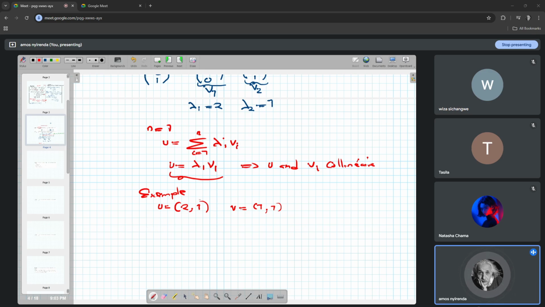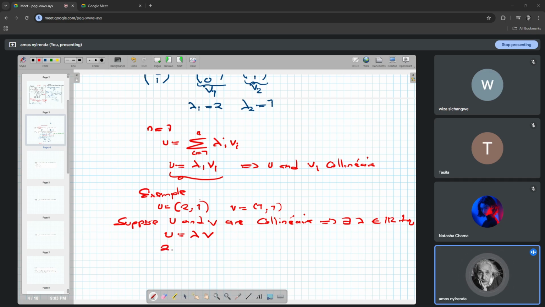If the vectors u and v are collinear, so let's suppose that u and v are collinear. Well, if u and v are collinear, it means we can find some lambda, in this case let's say in the real numbers, such that u is equal to lambda multiplied by v.